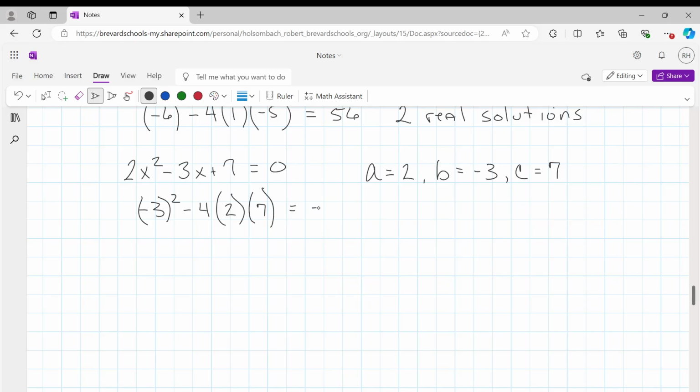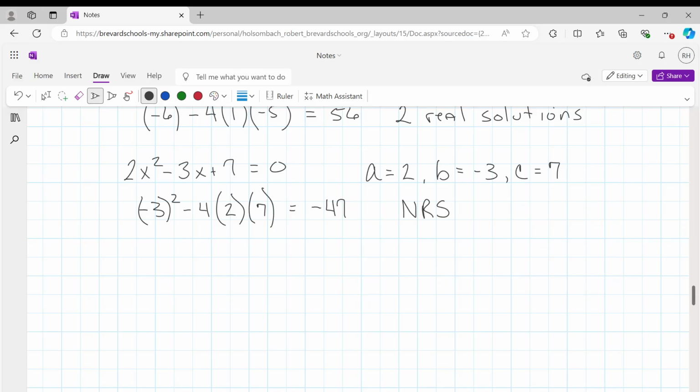I get negative 47. All right, so a negative discriminant, how many solutions? No real solutions. All right, because if you think about it, you would have a negative under the radical. And you can't have a negative under the radical, correct? Good.